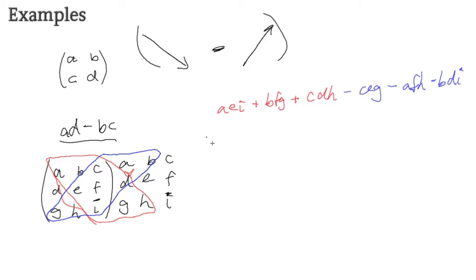Now, the ones who were paying attention back when I was doing the cross product, I did use the cross product by way of finding the determinant of a 3x3 matrix, except I didn't use this exact method, because this method is actually kind of basic.